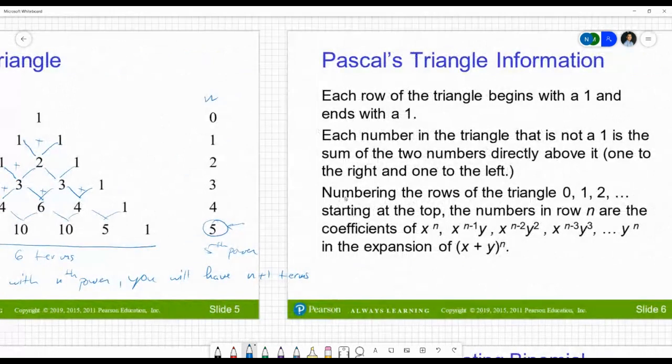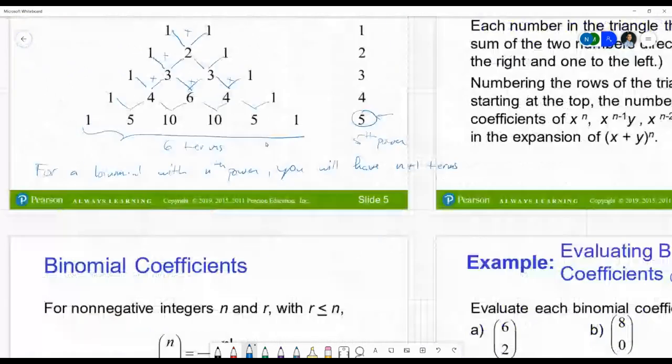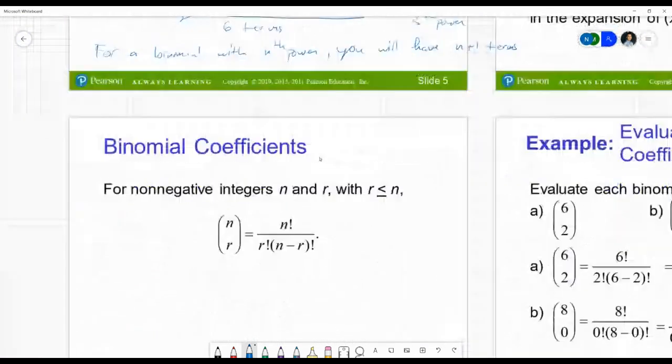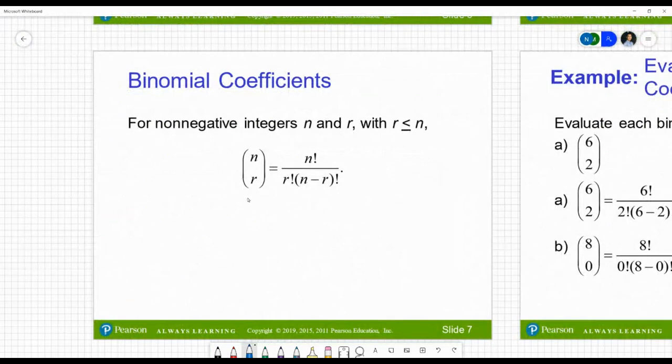All right, so this is just the explanation of Pascal's triangle here, and I just explained how you got these numbers. All right, so binomial coefficient. Now we have another way to look at combinations. Last time we introduced combination and permutation. Now there are some different ways of writing combination and permutation.